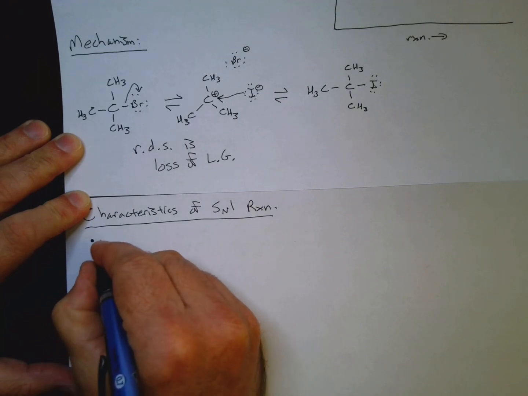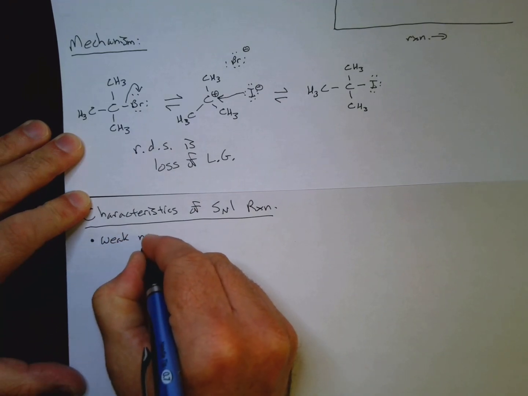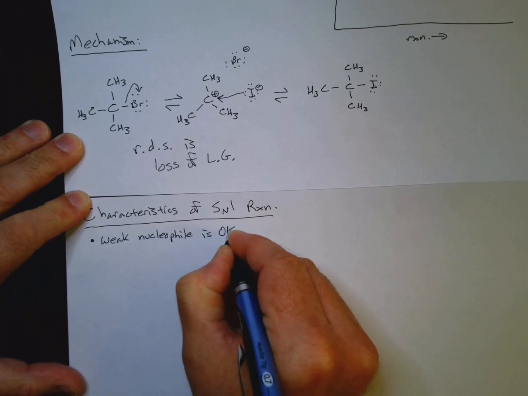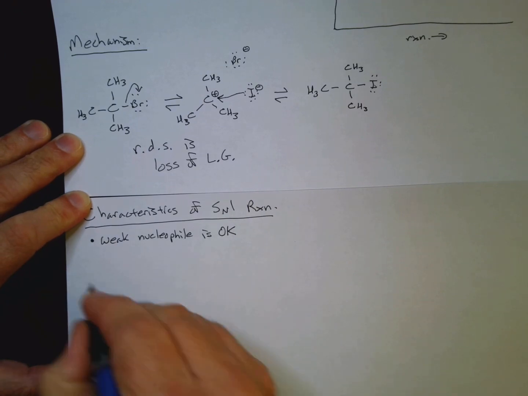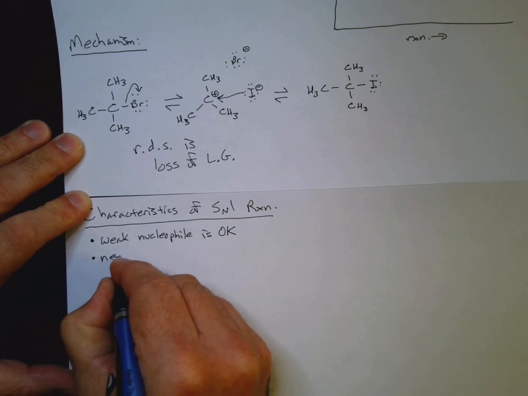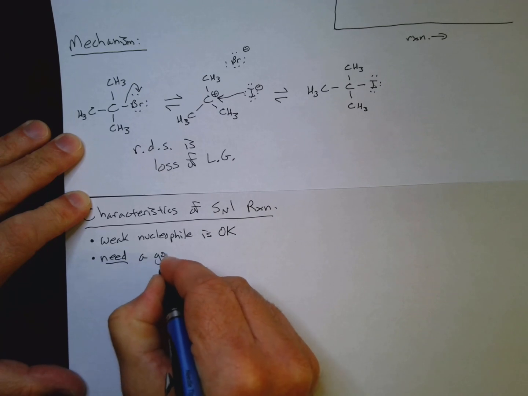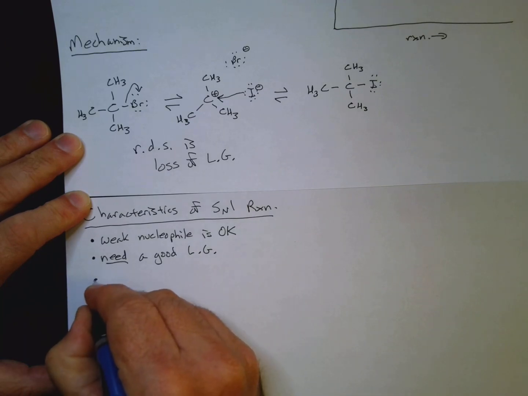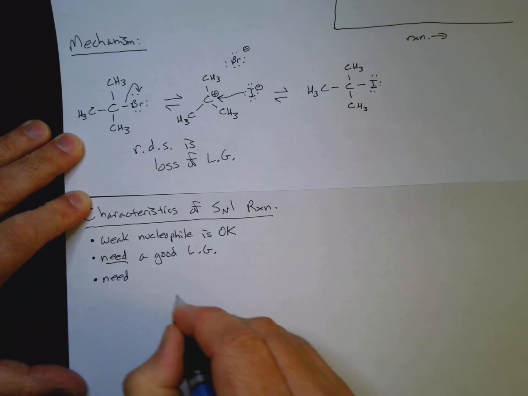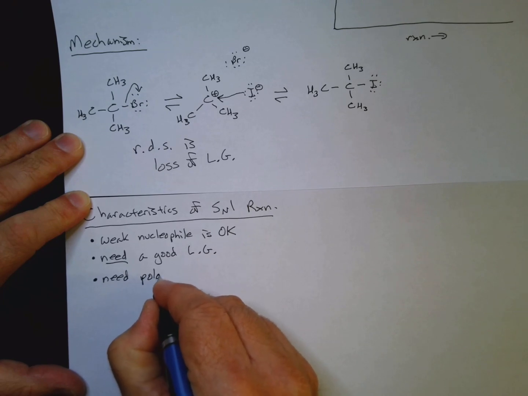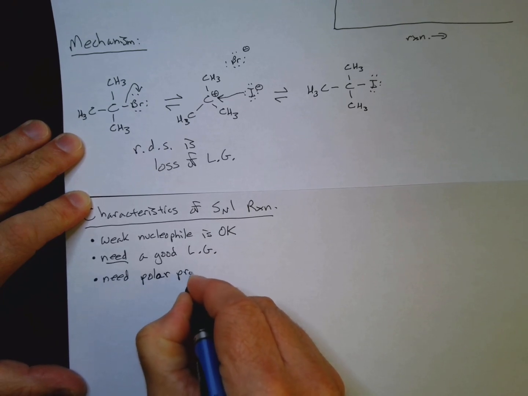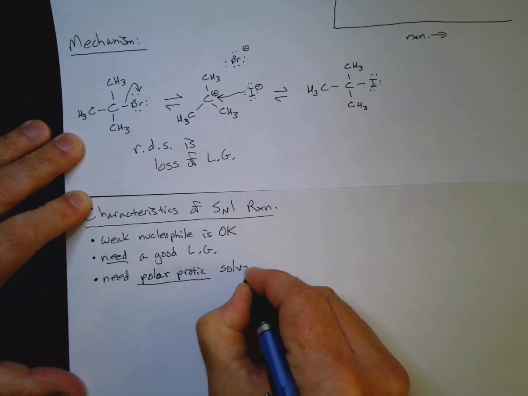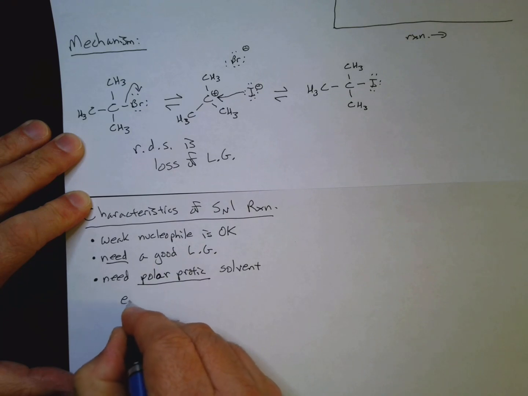Okay, first of all, a weak nucleophile is okay. We do not need to have a strong nucleophile. However, like SN2, we need a good leaving group. And then we also need a polar protic, or we could just call it protic, solvent.